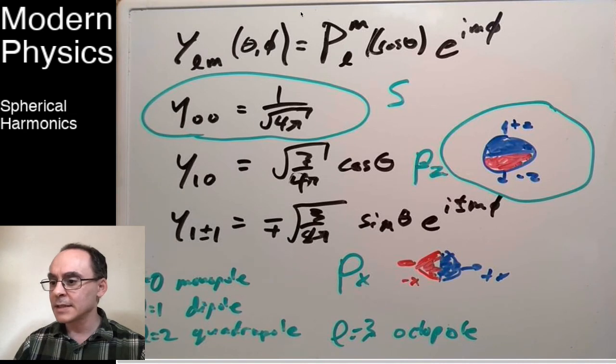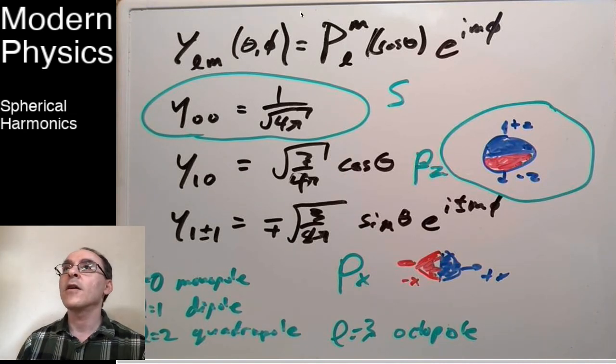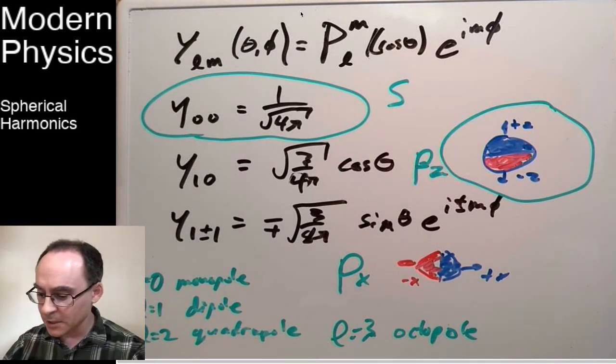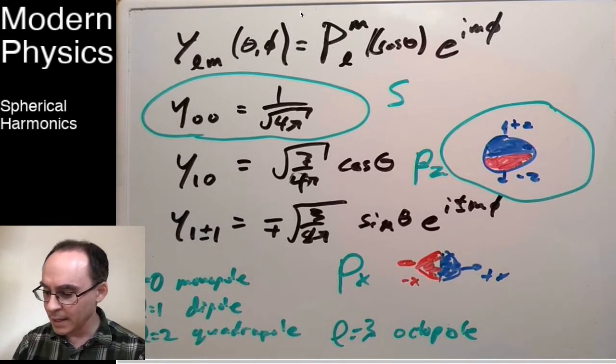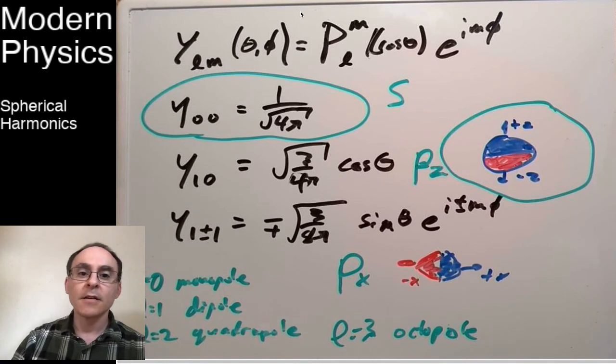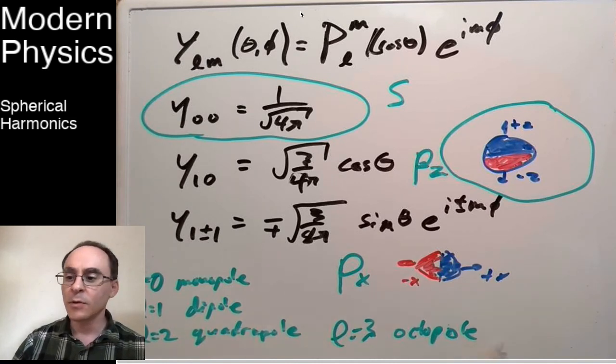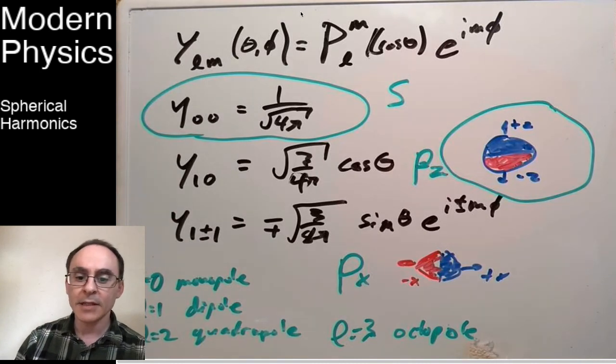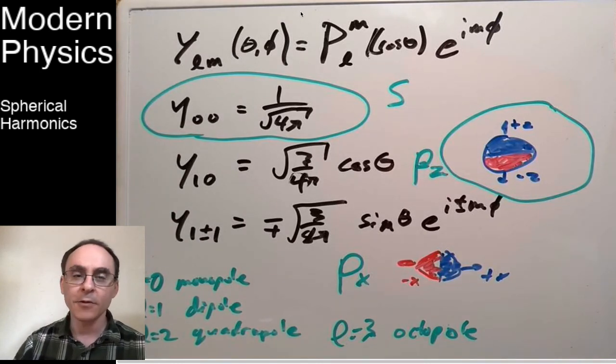In a lot of ways, these functions on the sphere serve the same role that, remember, when we talked about waves, we said a general wave you can express as a sum of a bunch of sine waves of different frequencies.